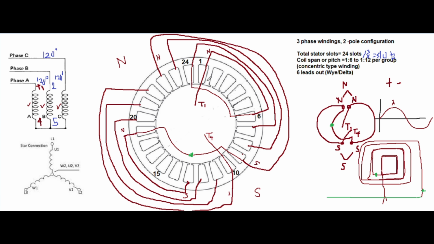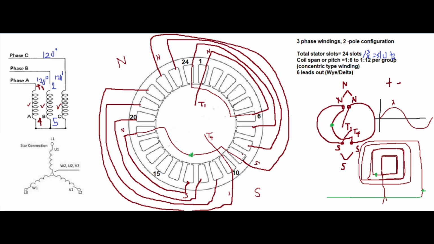So let's say this is 1, 2, 3, 4, 5, 6, 7, 8, 9. So the slot number, the terminal 2 is somewhere in slot number 8. So we will do this way. From this first terminal T1, 1, 2, 3, 4, 5, 6, 7, 8.